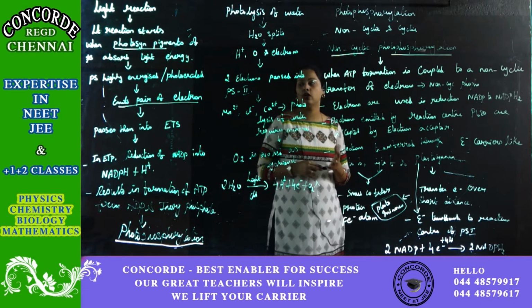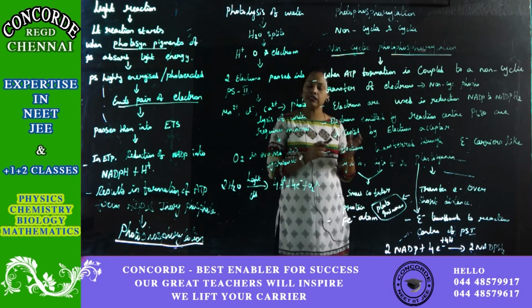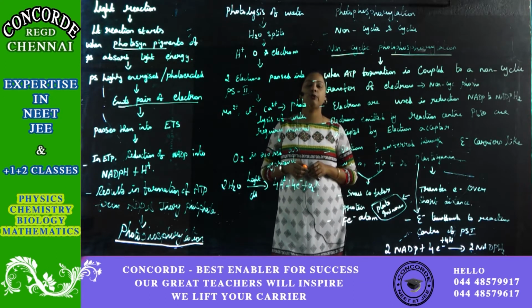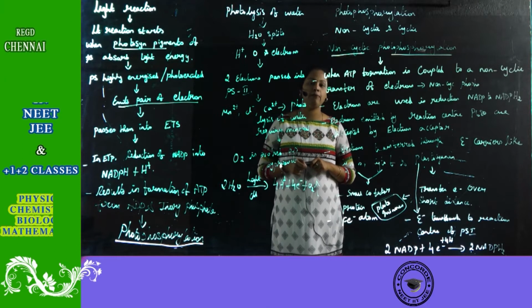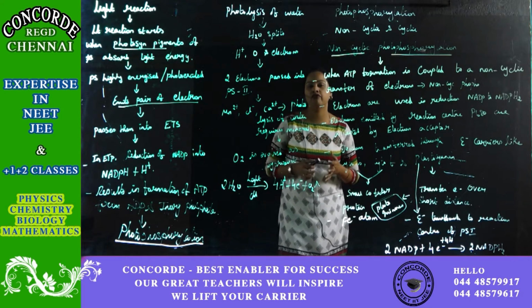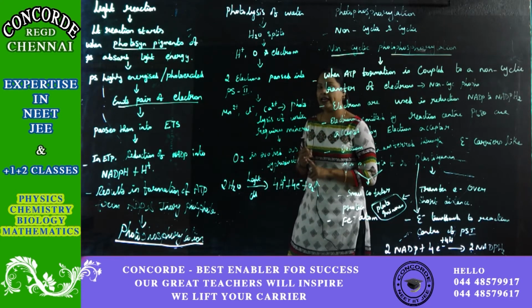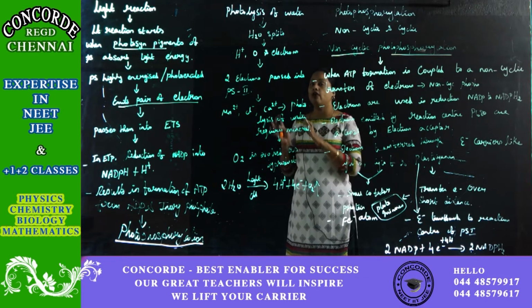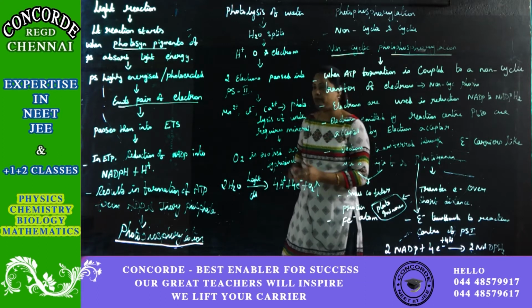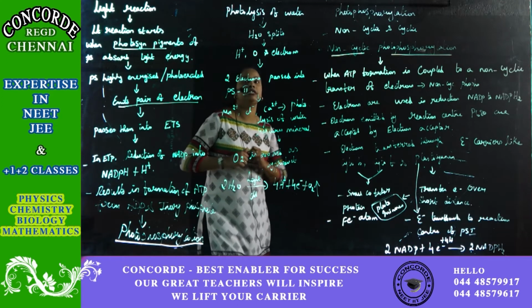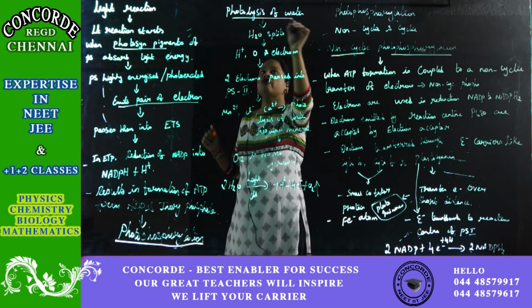Those electrons are passed into the electron transport system, where NADP is converted into NADPH plus H plus. This results in formation of ATP from ADP and inorganic phosphate, and the formation of ATP is called photophosphorylation.